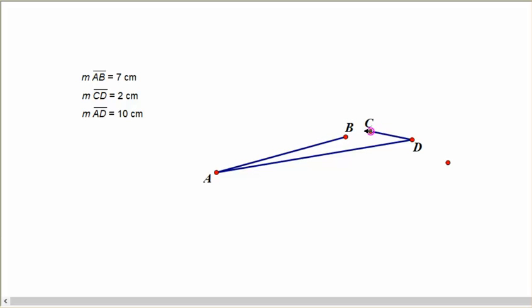Hopefully you can see that C and B are never going to connect. They're not going to be able to land on top of each other and make a triangle. The segments are not long enough. This is because AB is 7, CD is 2, 7 plus 2 is 9. Compare that to the third side, which is 10. I'm not going to be able to make a triangle.